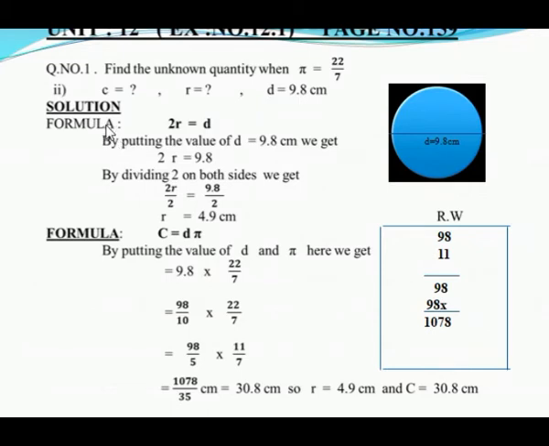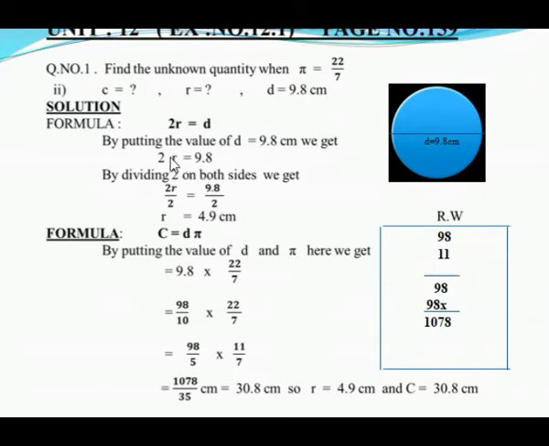Okay, we are going to start the solution now. We are using the formula 2R is equal to D. So, by putting the value of D is equal to 9.8 centimeter here, we get 2R is equal to D. Instead of D, I am putting 9.8.